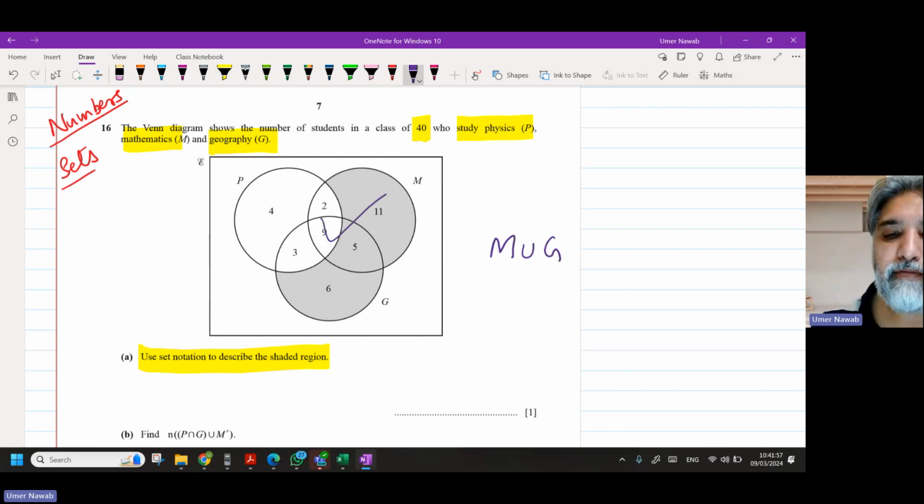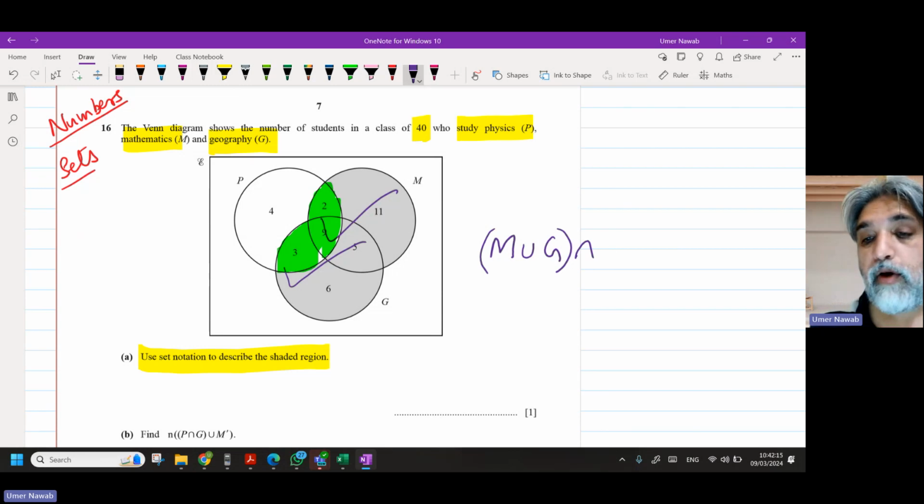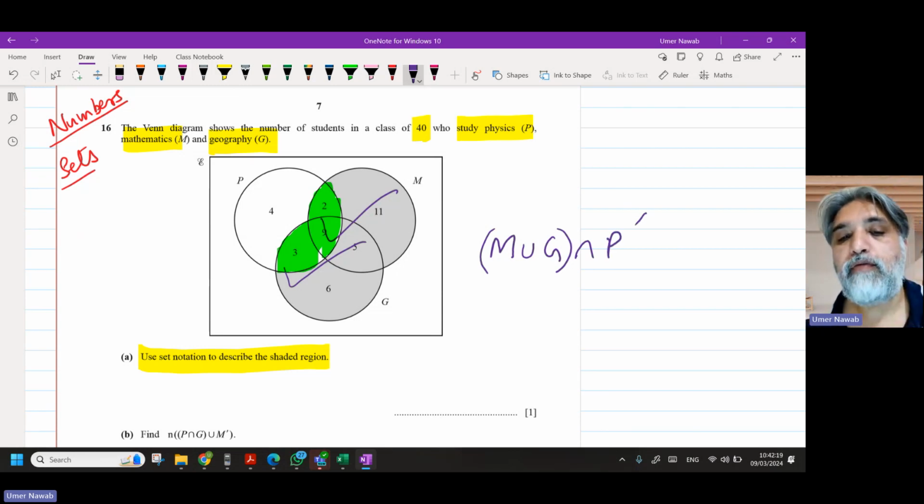He considered everything coming in M and everything coming in G. So M union G. But I have to discard that portion which is common with P. So can I say M union G intersection P or P complement? You will definitely say P complement, because not within P, outside of P, I want to take it.